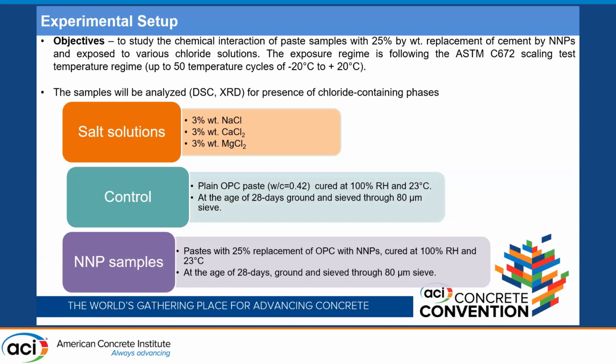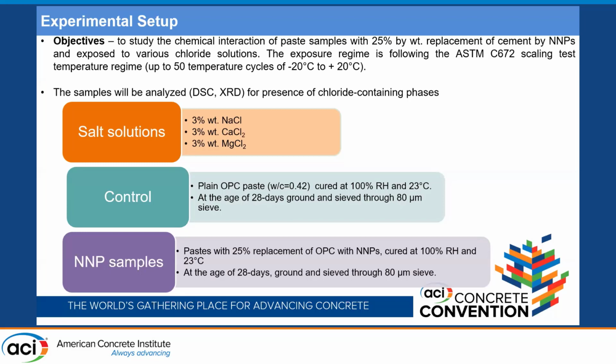Back to our experimental setup, we used 3 types of chloride: sodium chloride, magnesium chloride, and calcium chloride, with 3% by weight concentration, and a control. For the NNP blended samples, the replacement level was 25%.